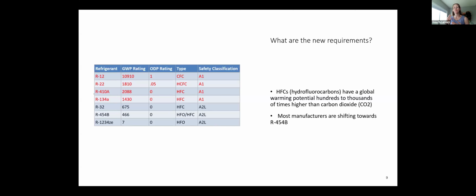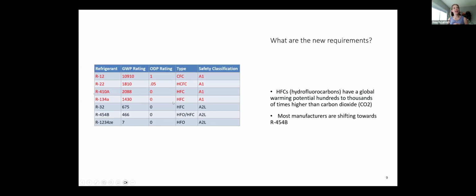It is combined with R32. So it is a blend of an HFO and an HFC, which lowers the GWP rating. So you'll see here we have kind of this R1234ZE. I don't know the shorthand for saying this one yet, but R1234ZE has a GWP rating of 7, which is great.